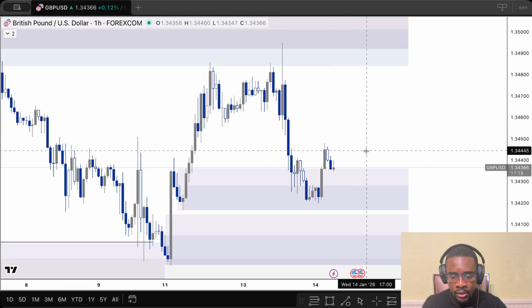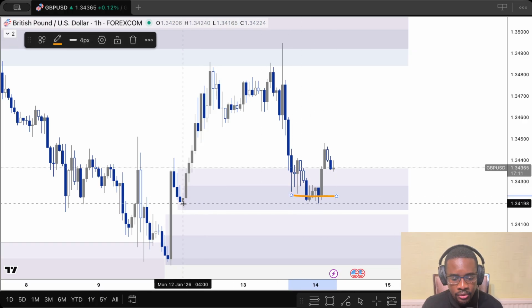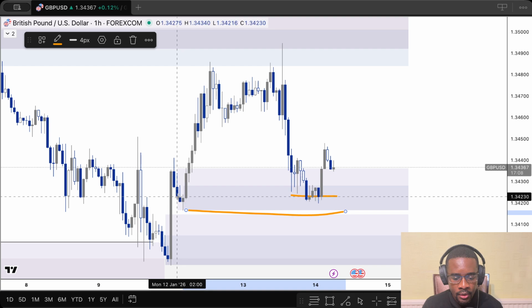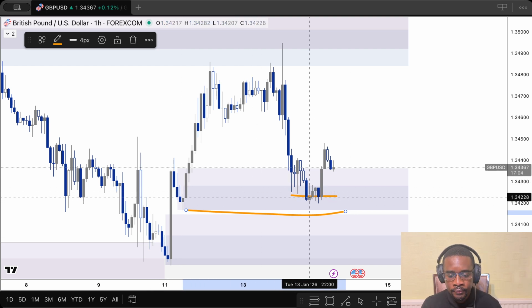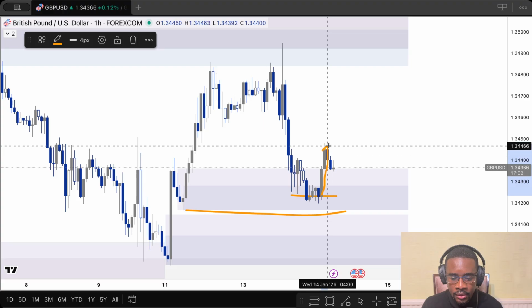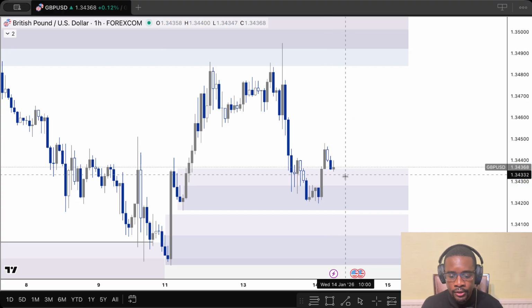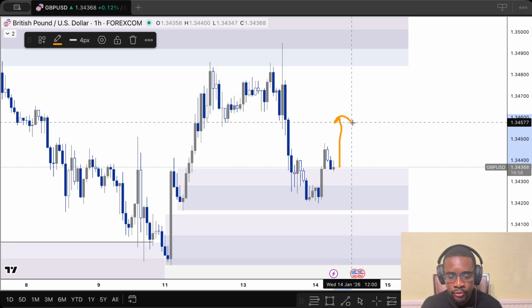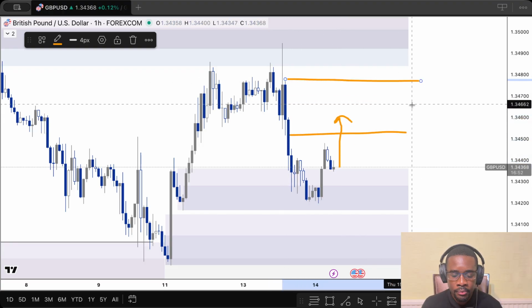So looking at the 1-hour, price did mitigate the extreme, and then it's had a decent push up. So we can expect maybe price to continue a bit further, maybe towards this area up here.